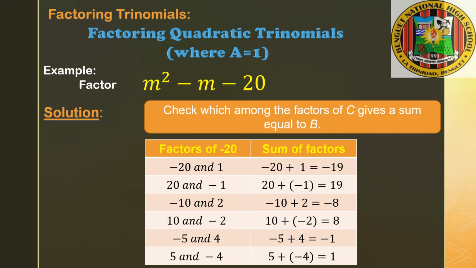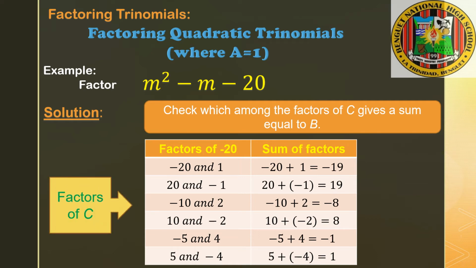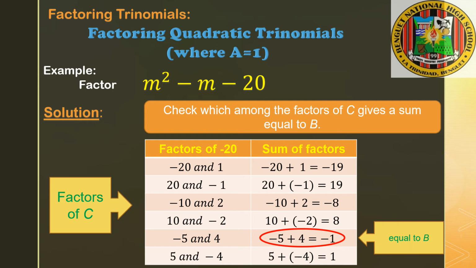On the first column, we have a list of factors of negative 20. Beside each pair of factors, on the next column, we added the pair of factors to check their sum. We can now see that the factors negative 5 and 4 have a sum of negative 1, which is the value of b in our given trinomial.